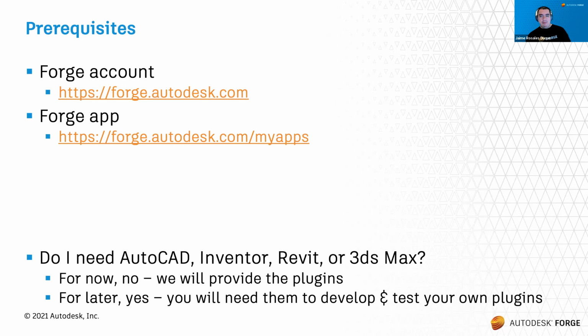If you want to develop later with Design Automation, you definitely need those desktop environments, because you will need them to get the Revit API, AutoCAD API, develop your plugin, and test it there before moving into Design Automation. But for this tutorial, we will give you the app bundle already zipped, and I will explain what that app bundle is actually doing.